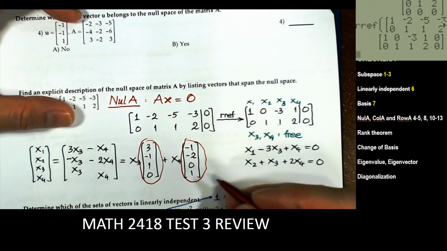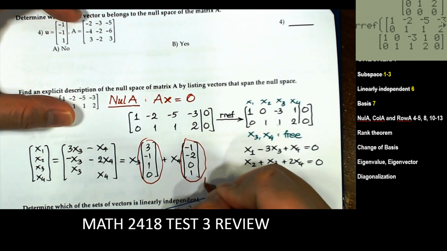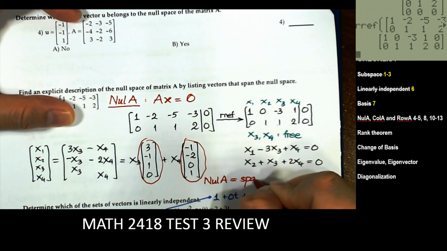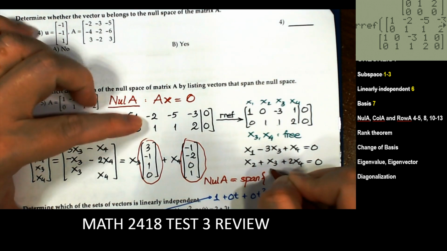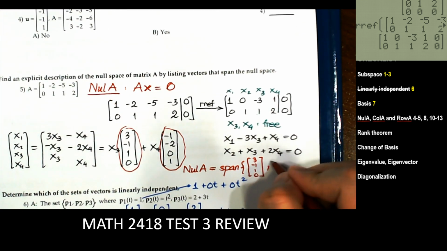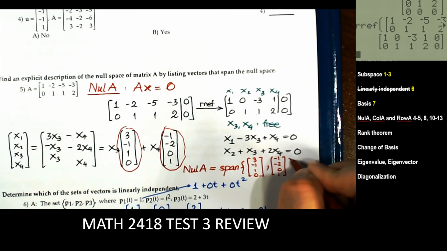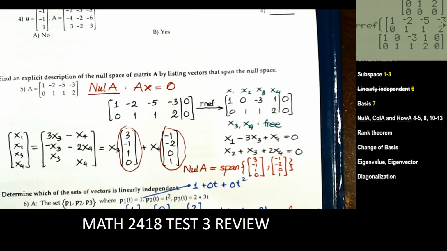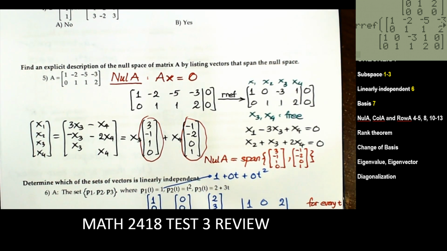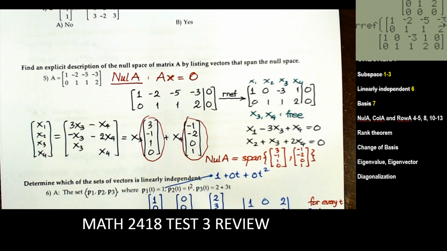Or we can write the null space of A as the span of these 2 vectors. That is the null space. The column space and the row space will be easier to do.